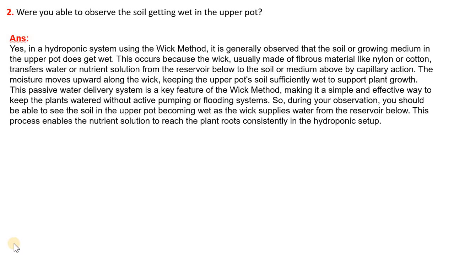The moisture moves upward along the wick, keeping the upper pot soil sufficiently wet to support plant growth. This passive water delivery system is a key feature of the wick method, making it a simple and effective way to keep the plants watered without active pumping or flooding systems.